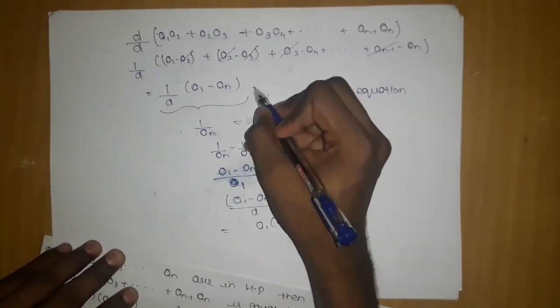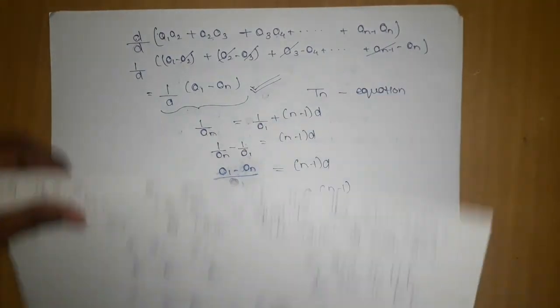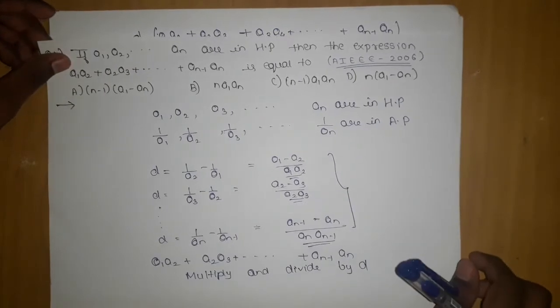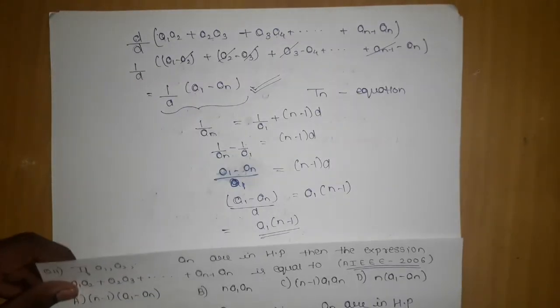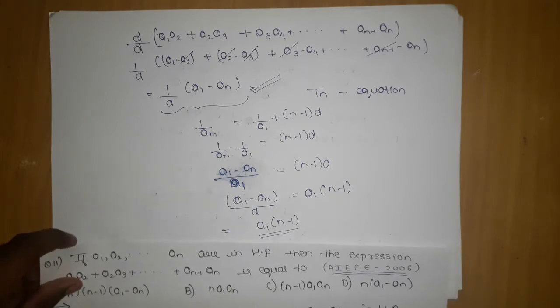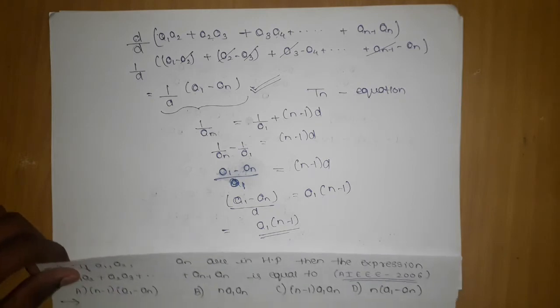Although the answer can be given in this format also, since the format they are asking is this, I am getting the answer in this format, and they can ask the question in this format.